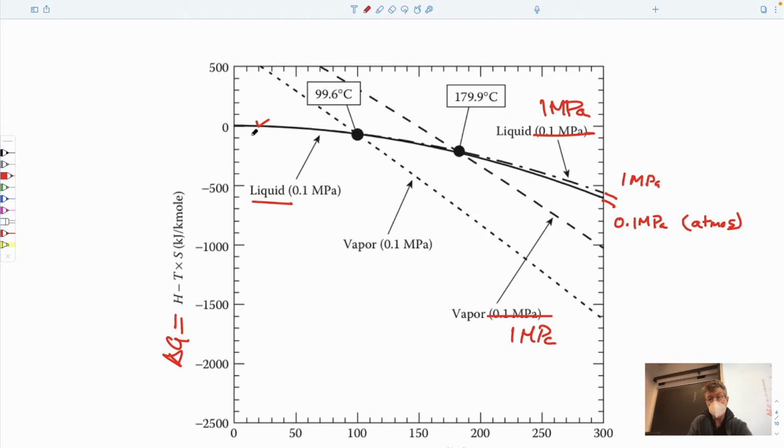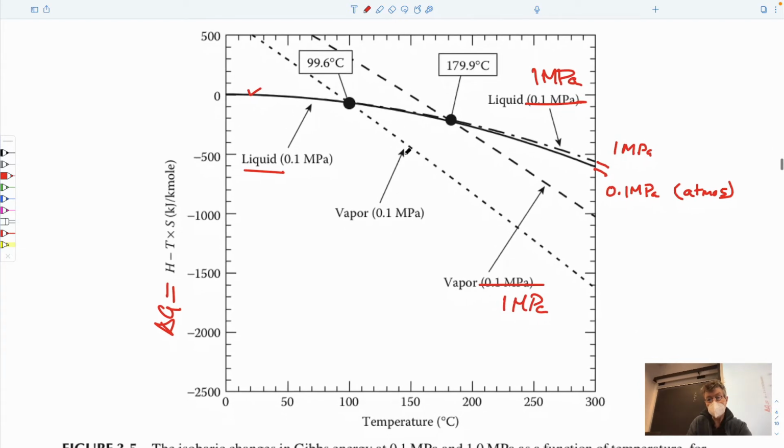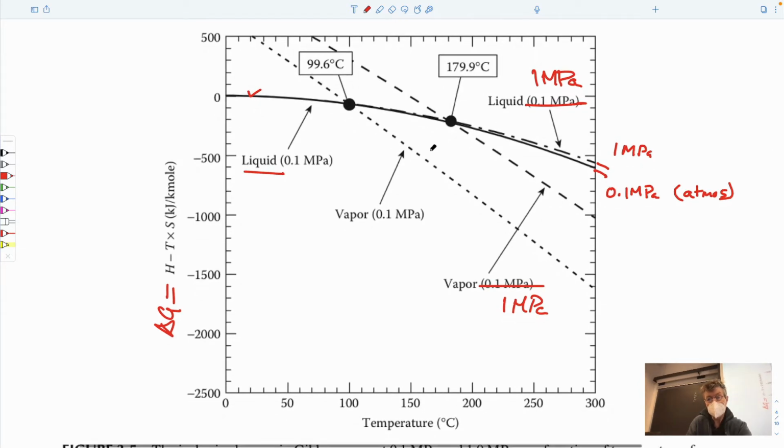So for a liquid, as you change temperature, the change in enthalpy of the system doesn't change very much. It doesn't matter much what the pressure change is, because the fluid as a liquid is pretty much incompressible. If you increase the temperature 10 times, you don't change the mass of the fluid very substantially because it won't compress. It takes up the same volume.